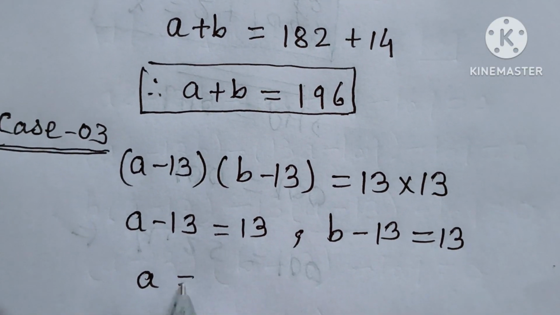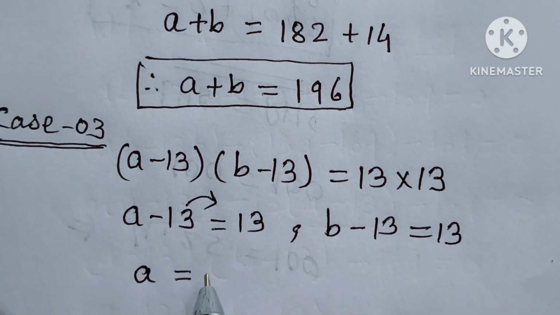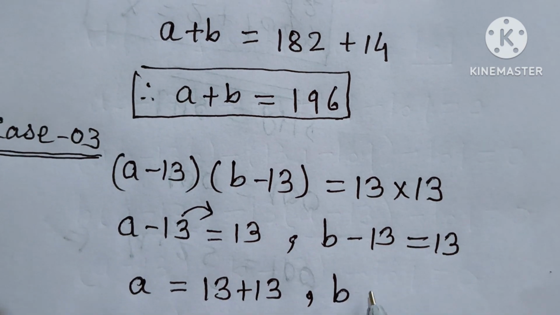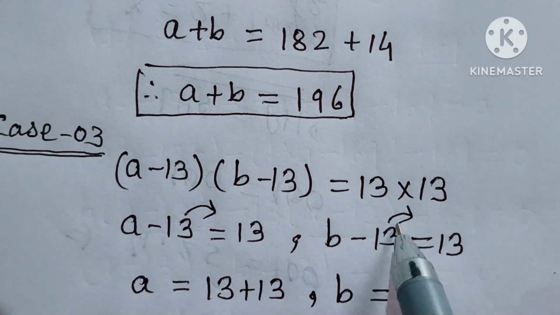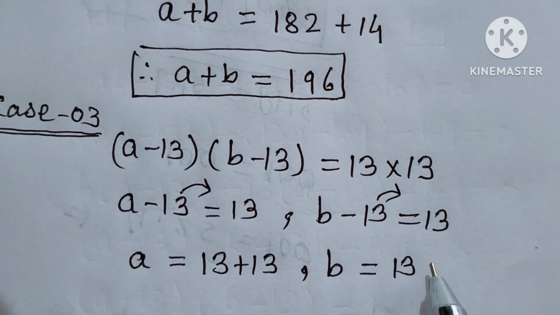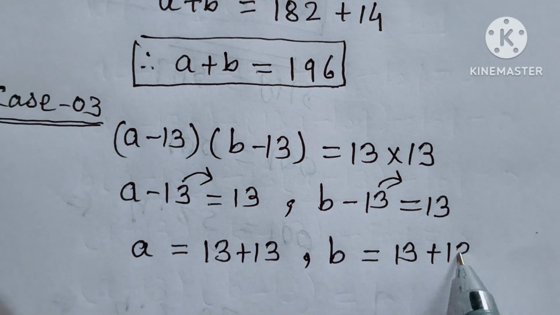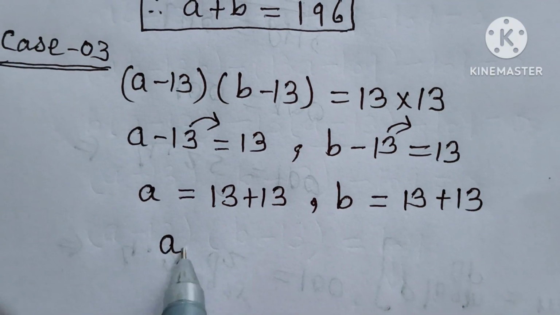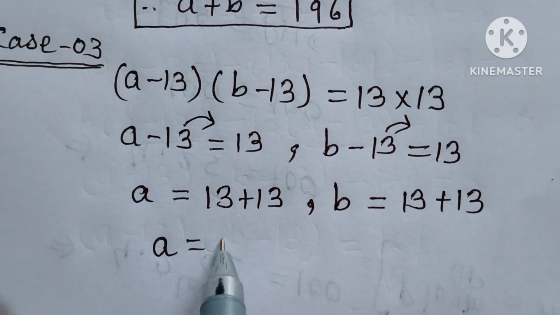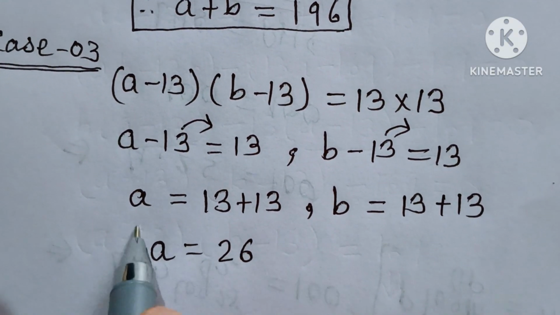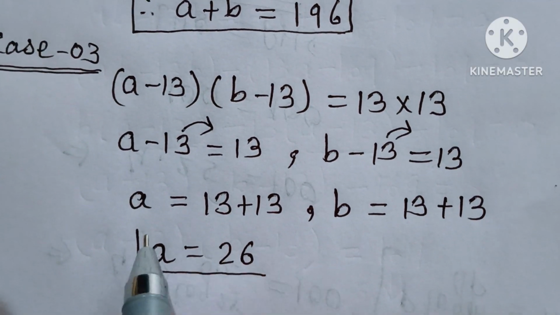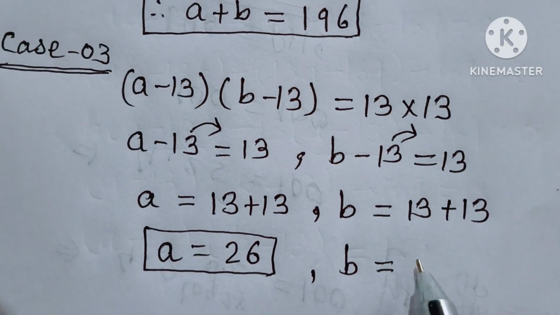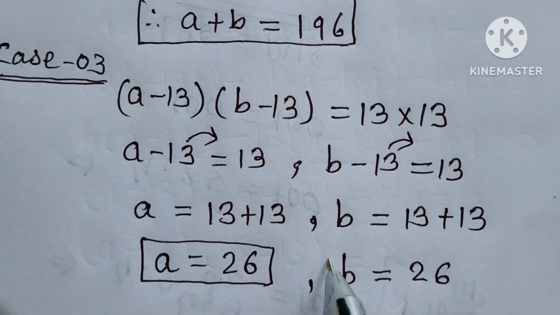A equal to 13 plus 13, B equal to 13 plus 13. A equal to 13 plus 13, 26. B equal to 13 plus 13, 26.